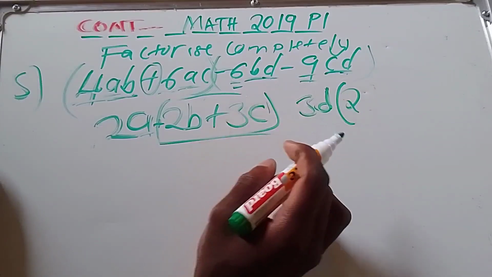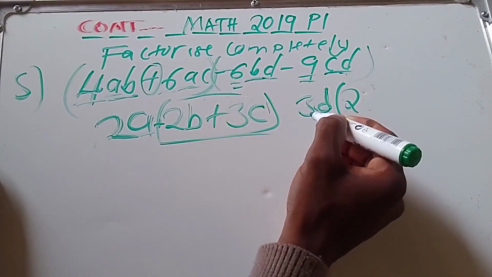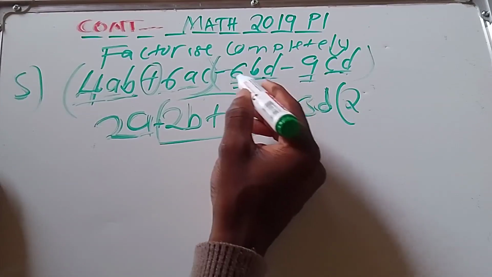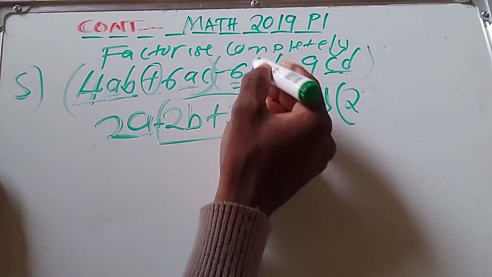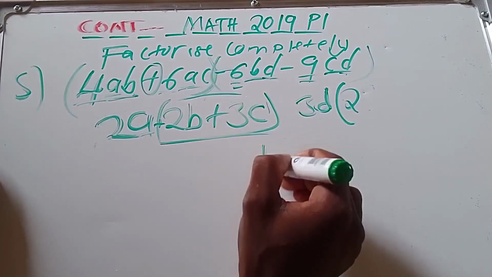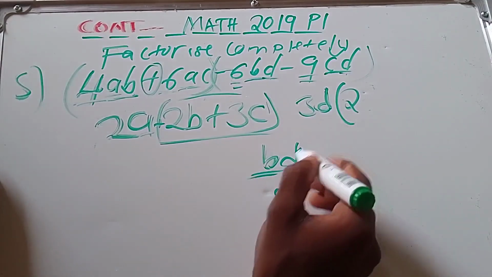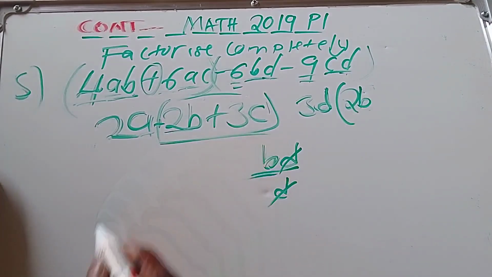So in the same manner, we are going to say 3d times 2. Remember, what we have in here is 6. 6 divided by 3, the answer is 2. What about bd divided by this d? This one will cancel with this one. We are going to have b, which is just the same as this one.